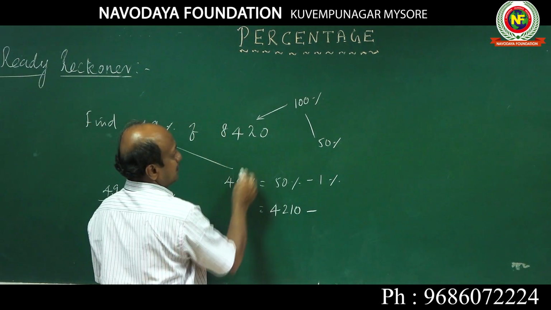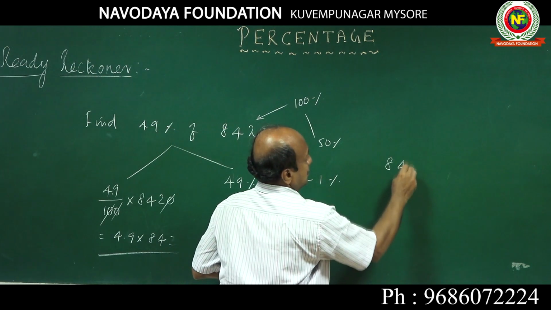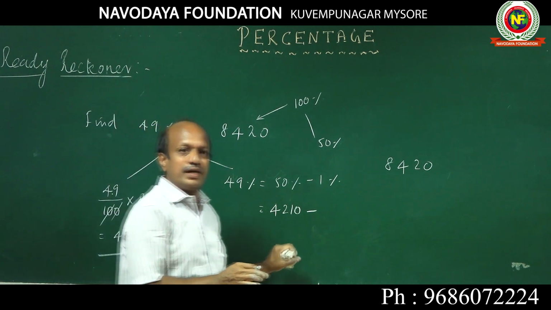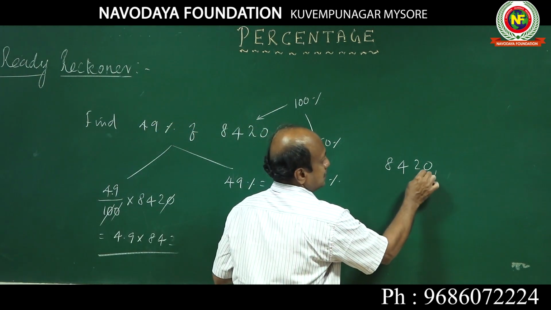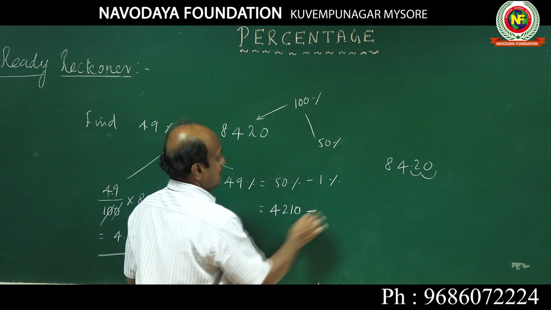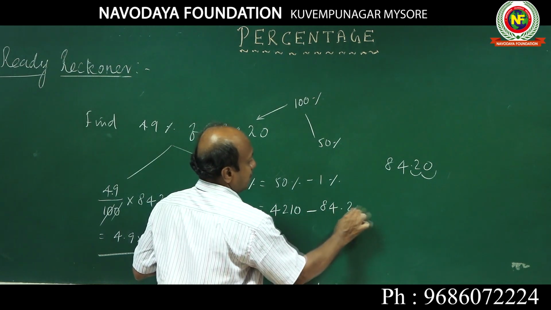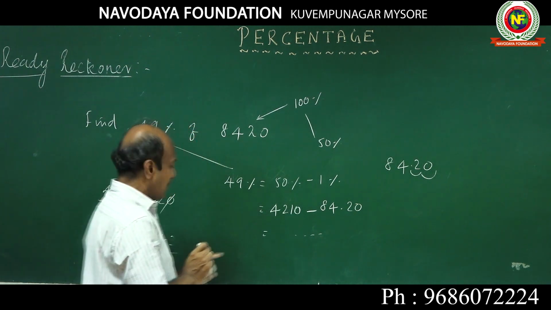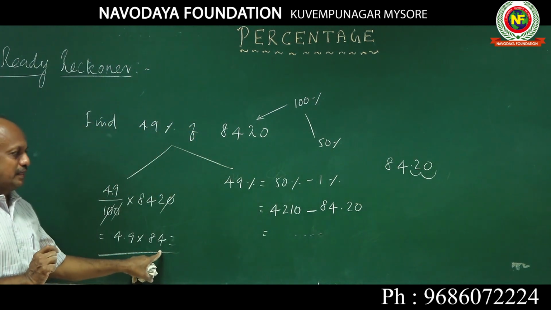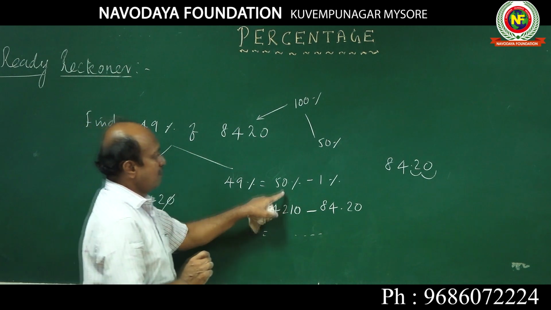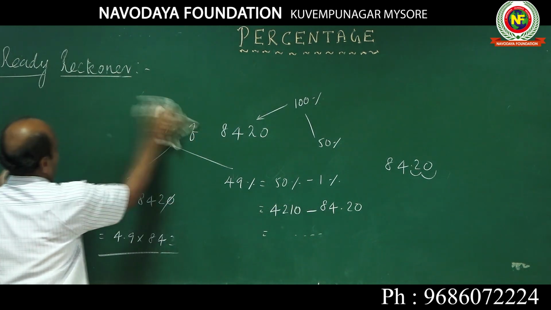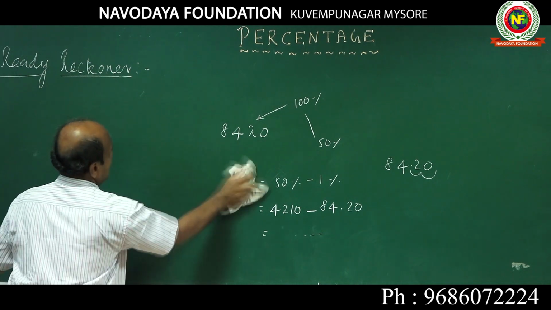To find 1%, what has to be done? 1% is nothing but 1 by 100 part. Therefore, adjust the decimal value 2 places. It is nothing but 84 minus 20. Right. Easily you can calculate the answer for this rather than going on multiplying this. So first find out 50% minus 1%. Right.